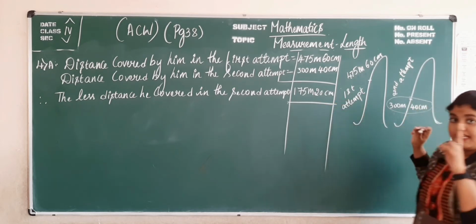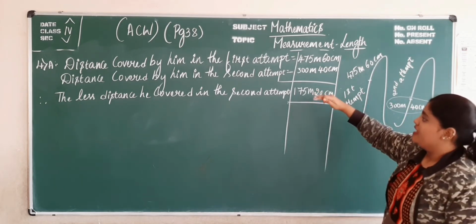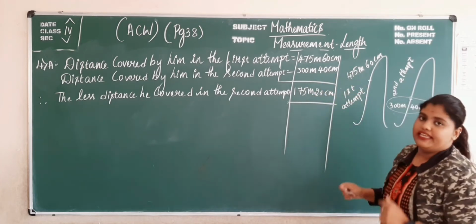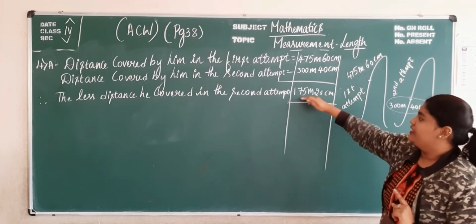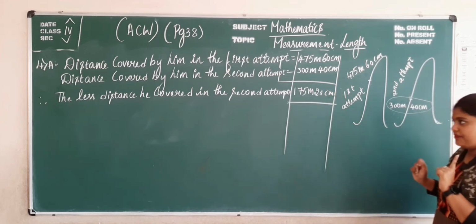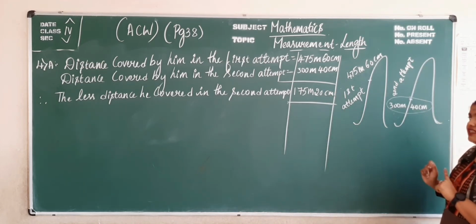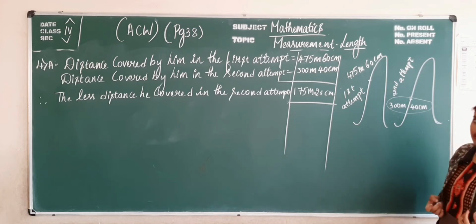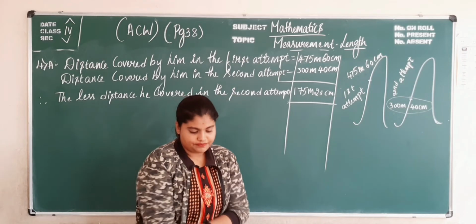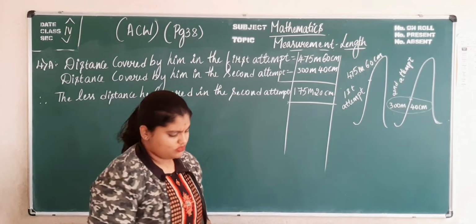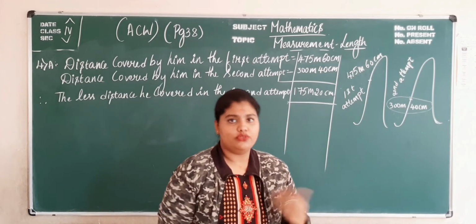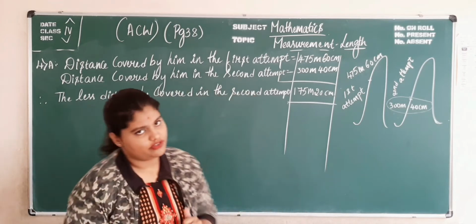So in the second attempt he has covered 175 meters 20 centimeters less than the first attempt. So therefore the less distance he covered in the second attempt is 175 meters 20 centimeters. Okay. So you can solve it like this. Okay children? Now you can pause the video and write down the next question, that is your fifth question. Fine?